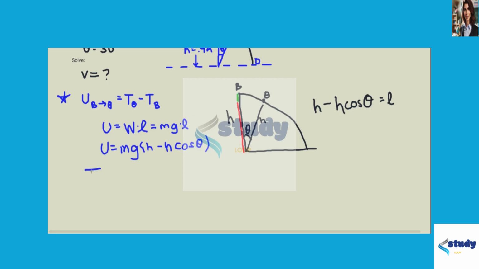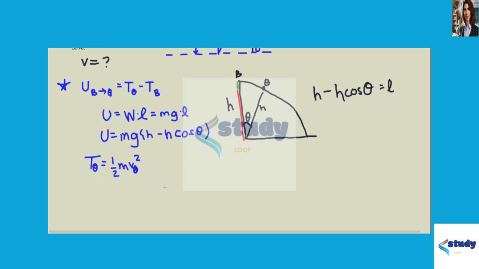Kinetic energy at theta is equal to 1/2 mv squared, but this v is going to be the velocity at point theta. So again, that's different than the velocity that we're looking for in the problem. So let's expand upon this velocity to better understand that.